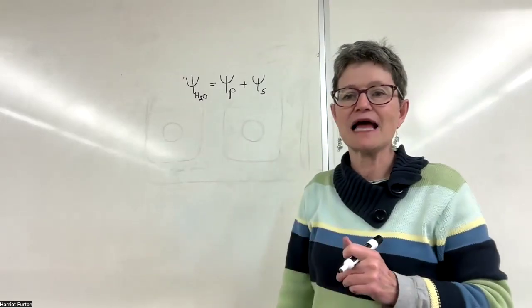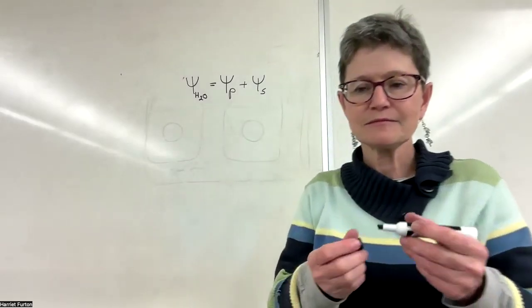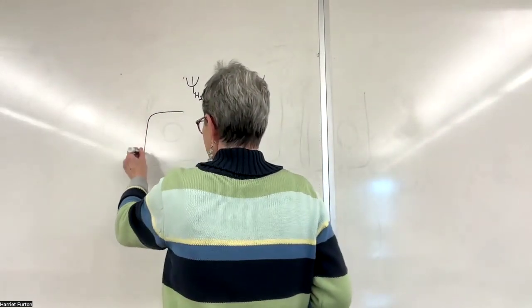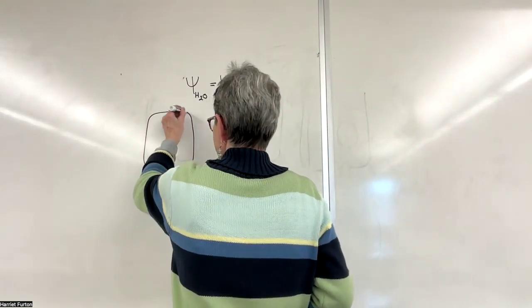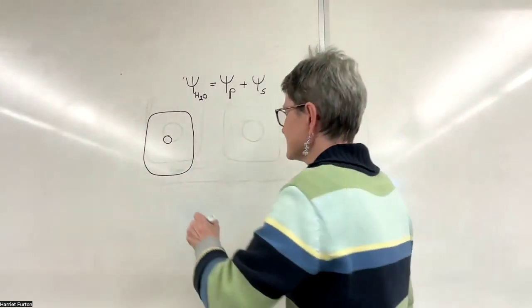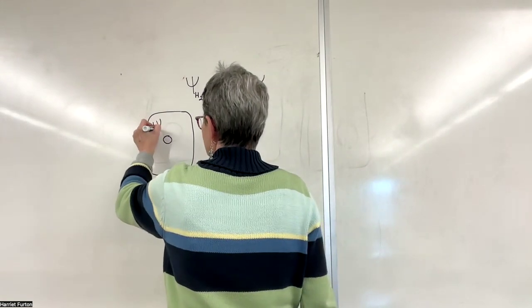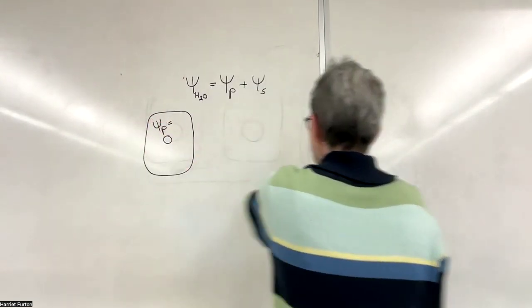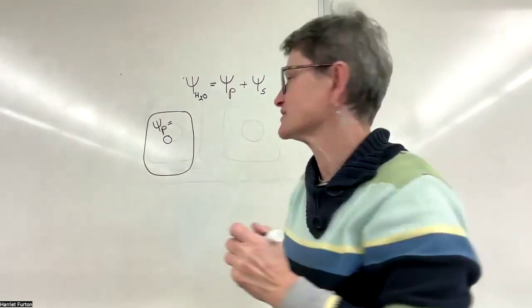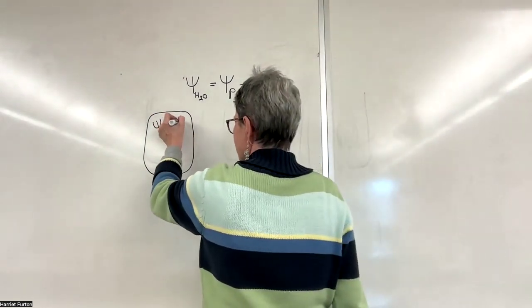So through an example, we have a cell in here. And the cell's pressure potential is going to be minus 3.5.